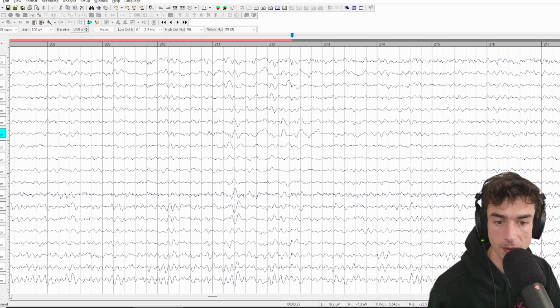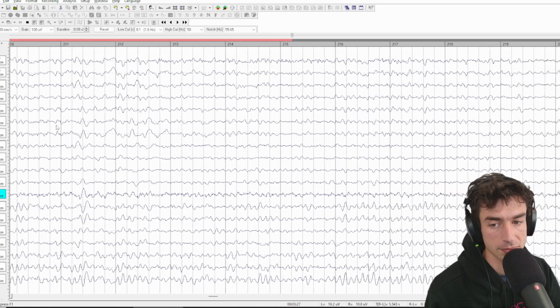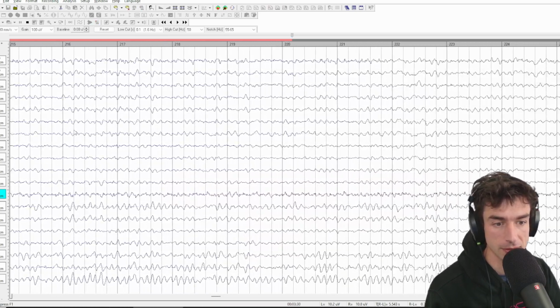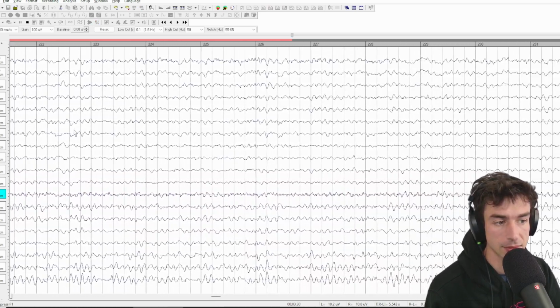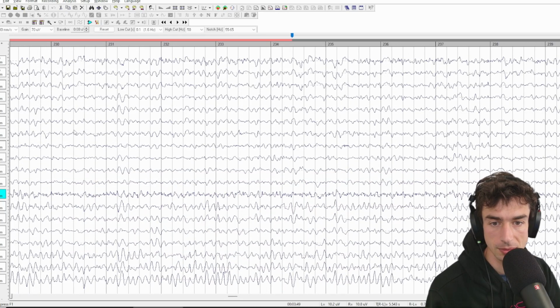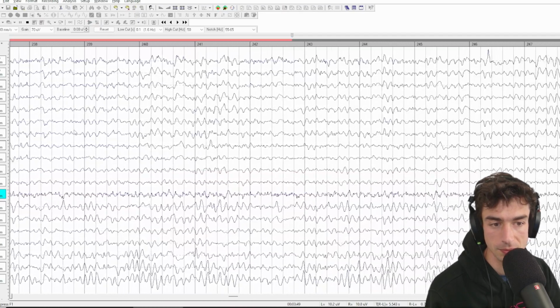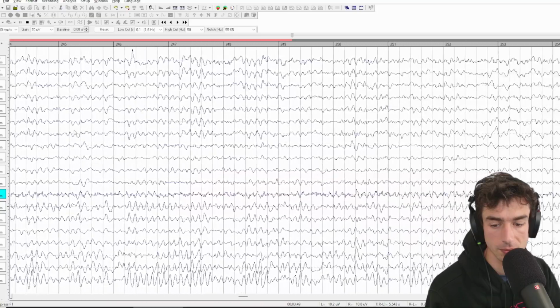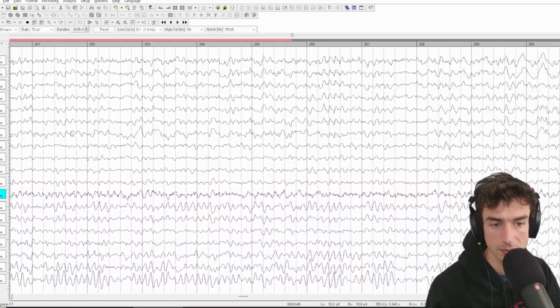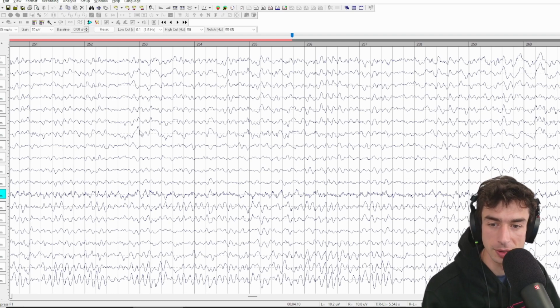Interesting kind of sharp looking activity here, that's phase inverted from left to right with a little bit of slowing at F8. Alpha, alpha everywhere with some interesting stuff happening at F8.